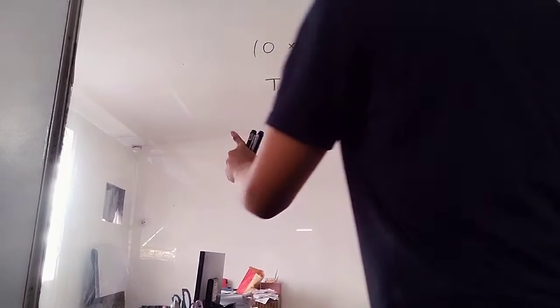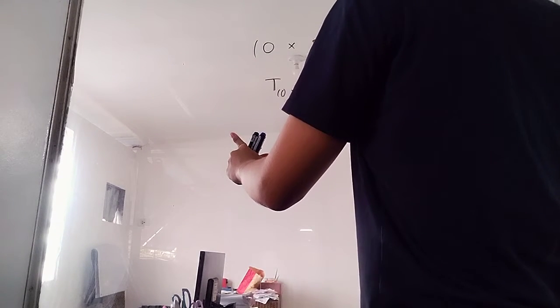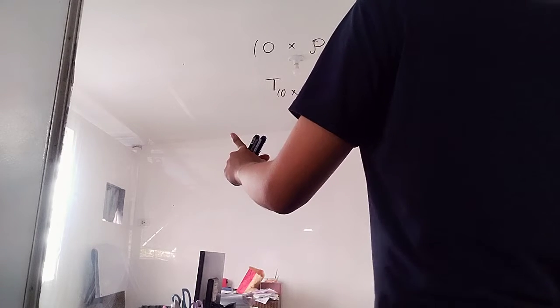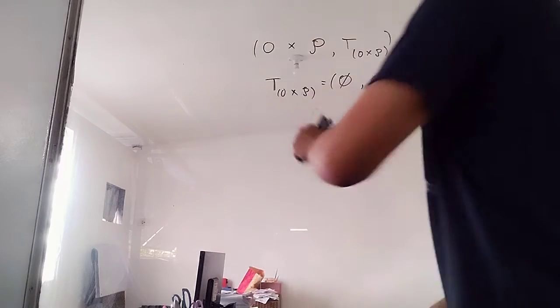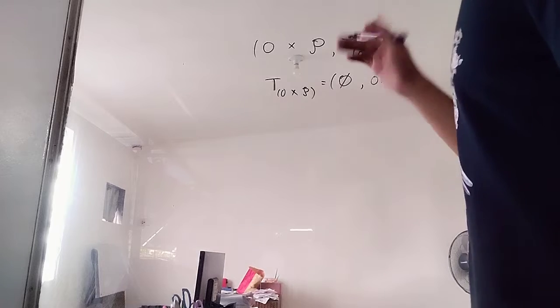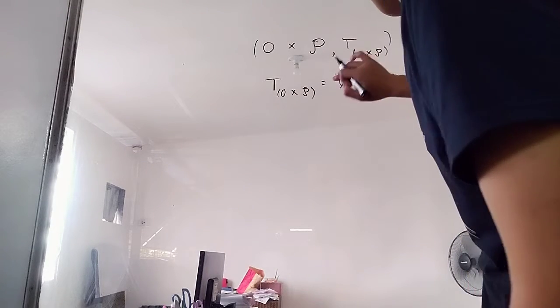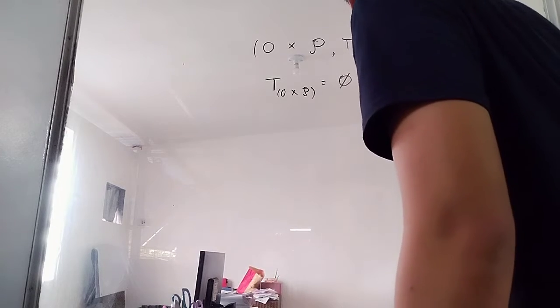T of O times P is defined to be basically the collection, the empty set together with our given product. Since this is a collection, we're using brackets, not an interval.